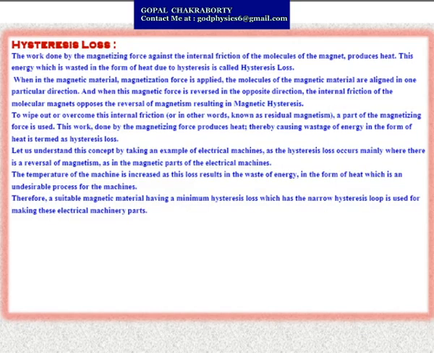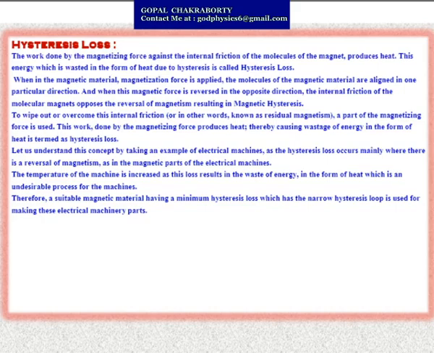So what is hysteresis loss? The work done by the magnetizing force against the internal friction of the molecules of the magnet produces heat. This energy, which is wasted in the form of heat due to hysteresis, is called hysteresis loss.